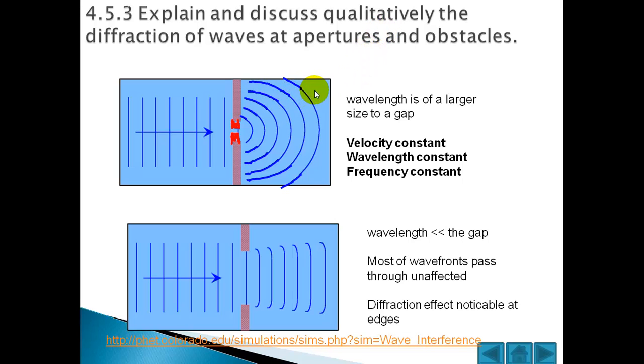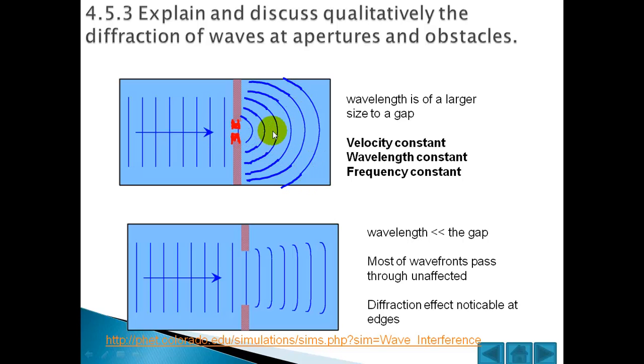What you have to do is basically compare the wavelength with the size of the aperture or the size of the obstacle. So the observation is this: if the wavelength is larger than the size of the gap, you're going to get a distinct diffraction pattern appearing afterwards.